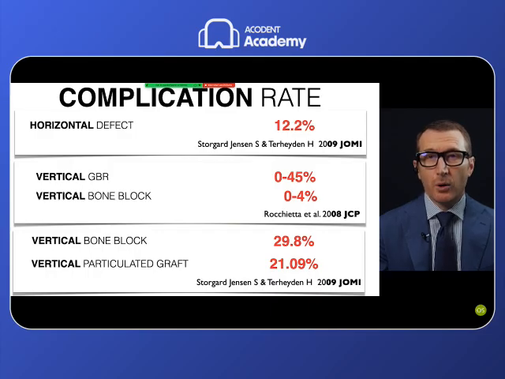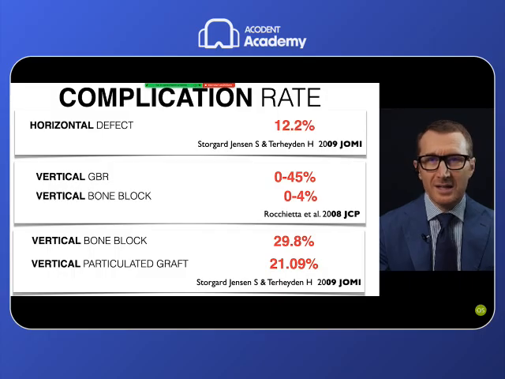So if I'm approaching a patient and proposing a bone augmentation procedure and I have these numbers in my mind, I should be worried about the success of my regeneration, because we have around 10% complications for horizontal augmentation and around 12 to 30% for vertical bone augmentation. Those are absolutely huge numbers from a clinical point of view.